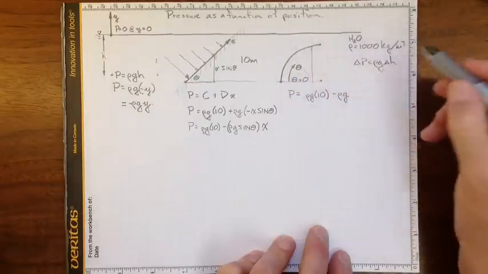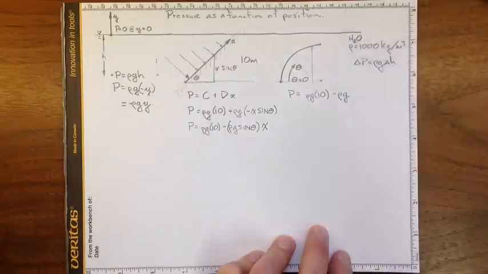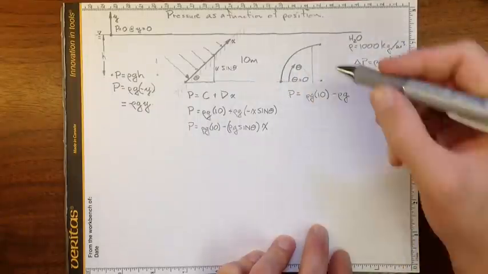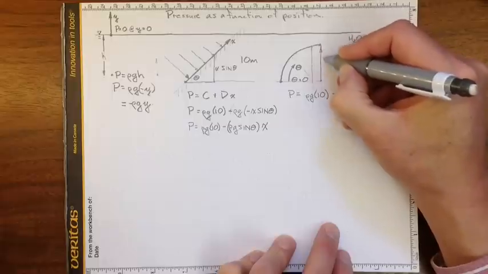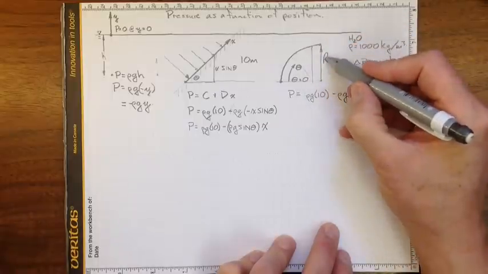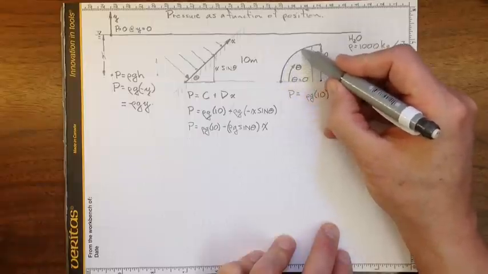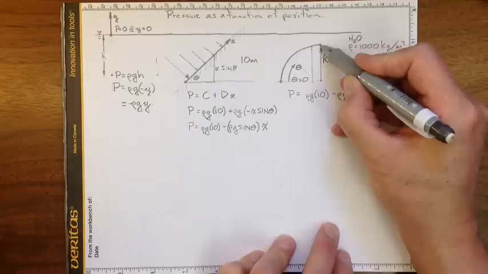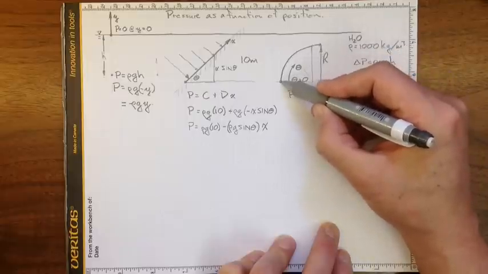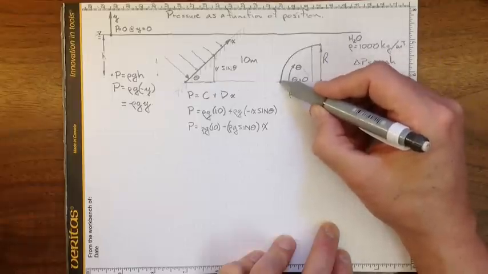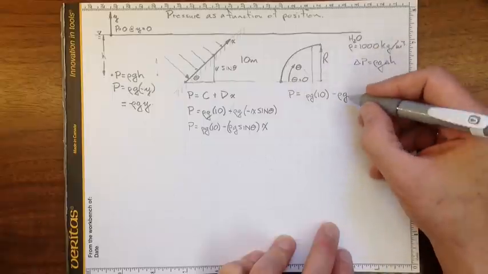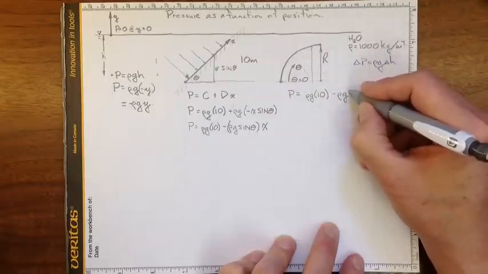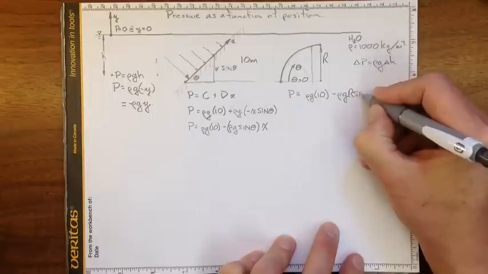So if I again look at the same triangle, if the radius here of this circle is r, then that elevation is going to be r times cosine of theta. Or sorry, no, sine of theta. R times sine theta. So here theta equals 0, elevation is 0, that's increasing, and we'll have rho g r sine theta.